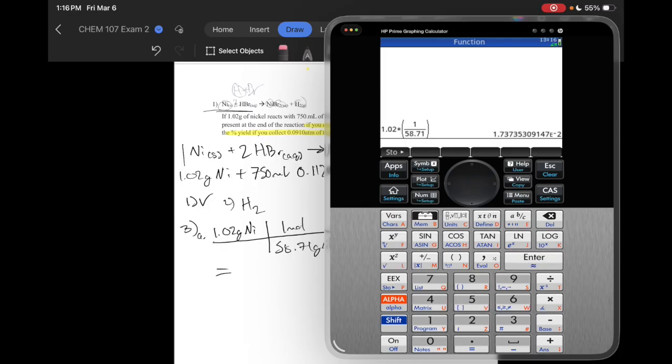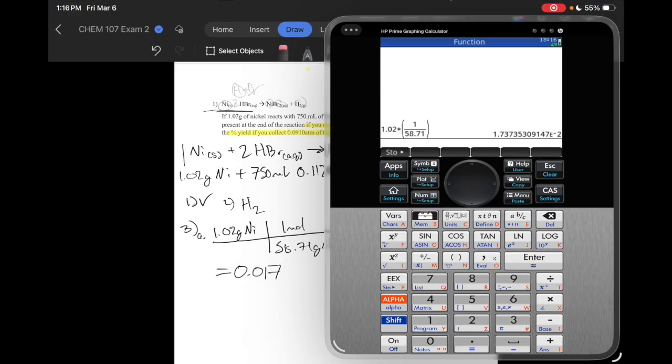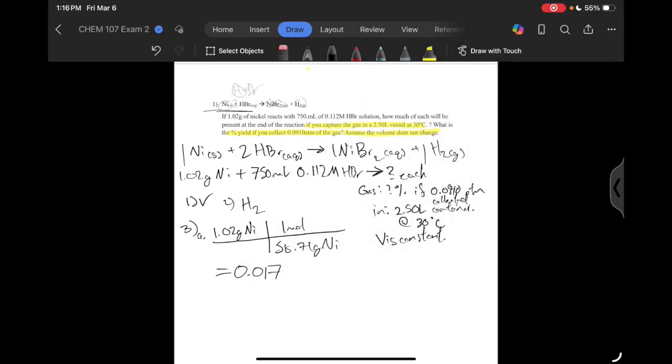That's going to give us 0.0174, and I'm going to round to 3 significant figures because if you read the problem, we only use 3 significant figures. So 0.0174 moles of nickel.